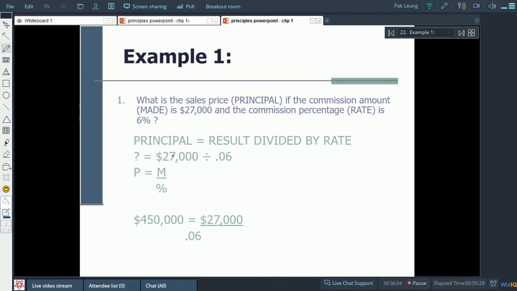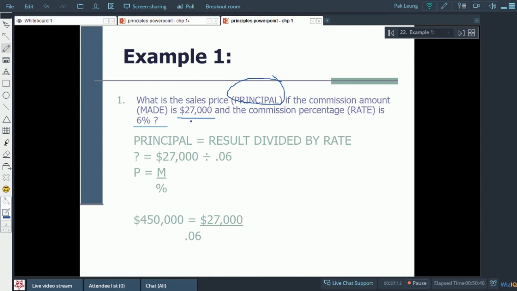So you guys know how to use this triangle. Let's do some examples. We have: what is the sell price? They want to find out the principal.